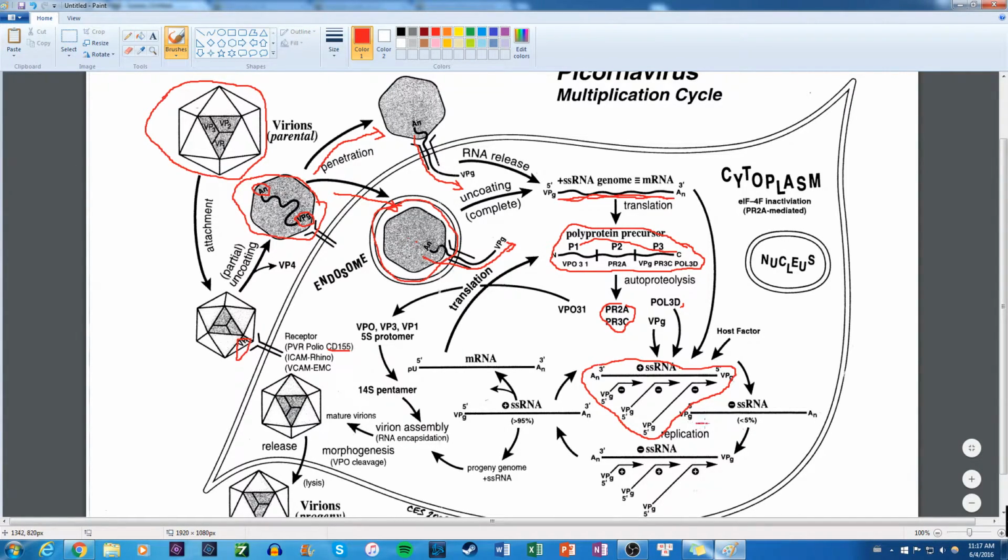Of course, this is just a replicative intermediate. The negative single-stranded RNA's only function is to serve as templates to make a bunch more positive single-stranded RNAs. You can see there's a bunch of positive single-stranded RNA here, to make it as fast as possible.